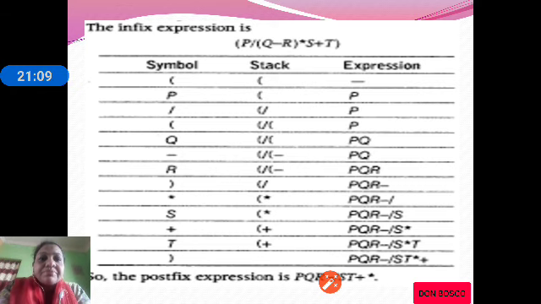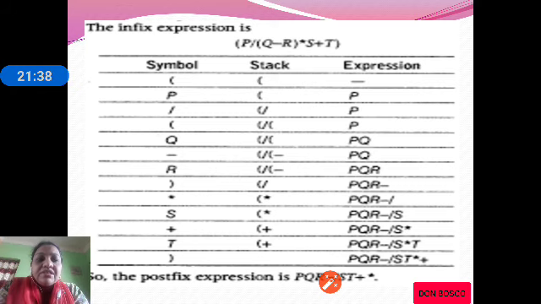Next comes into. Into is multiplication, it will go to the stack. Next scan symbol is S. S is an operand, it will go to the expression. Plus, plus is an operator, so it will go to stack.